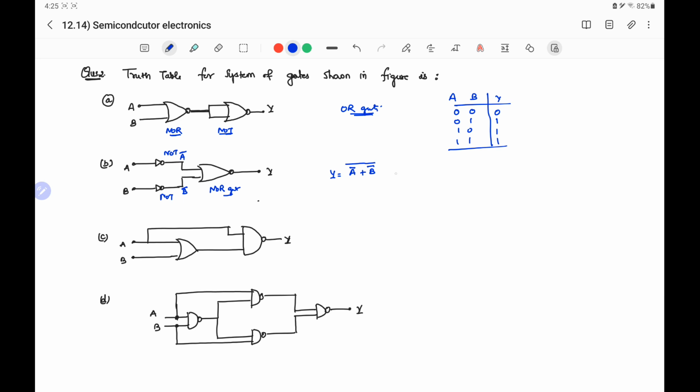So using De Morgan's theorem, which says complement of A or B will be equal to complement A and complement of B, this symbol plus changes to dot.